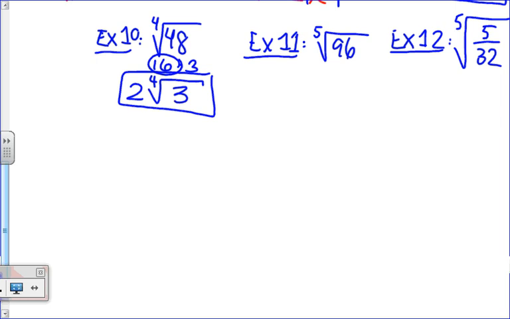Okay, what's the fifth root that goes into 96? 32 times what? What is the fifth root of 96?